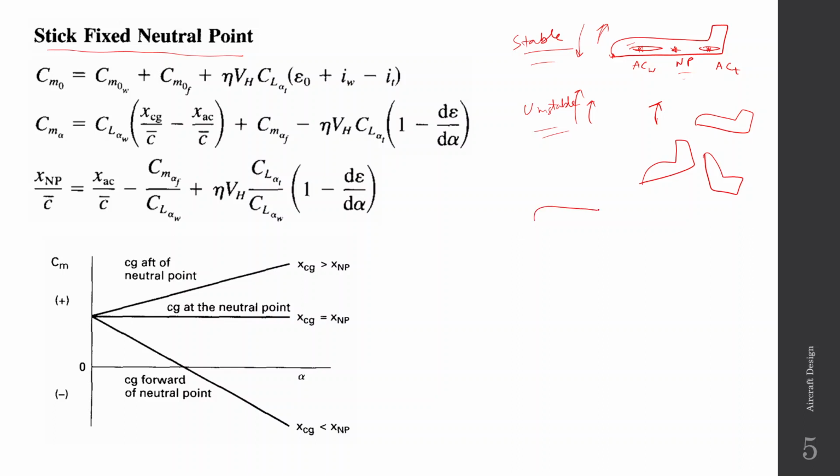Let us say this is the aircraft and we calculate the neutral point. If the CG is behind this neutral point, then the aircraft is unstable. If it is in front of the neutral point, then the aircraft is stable, and the more forward it is, the more stable the aircraft becomes.